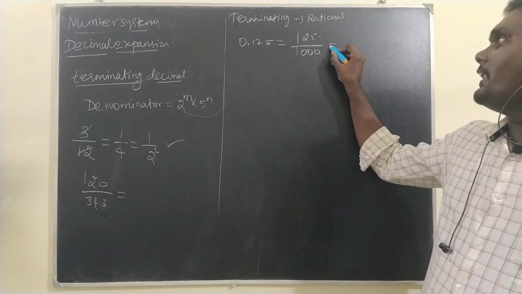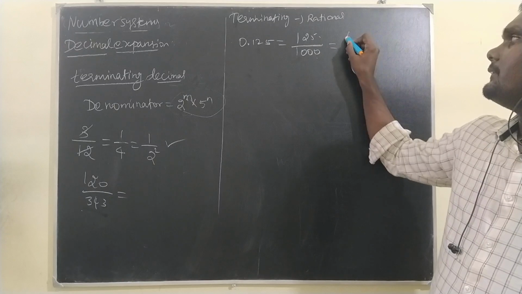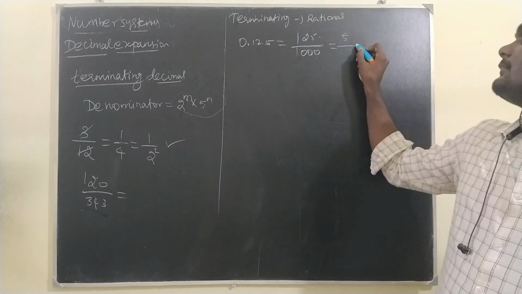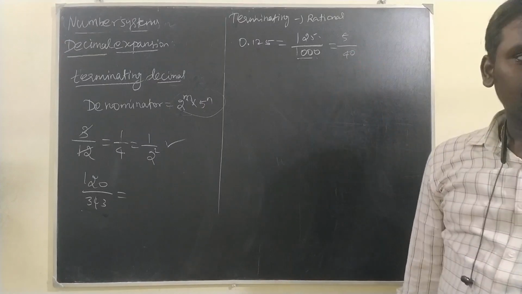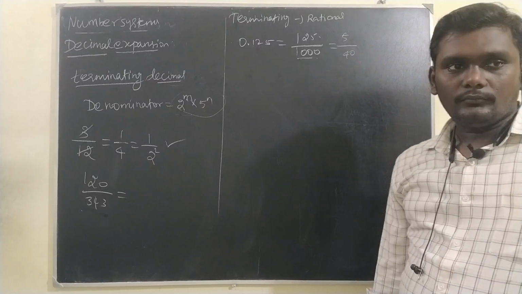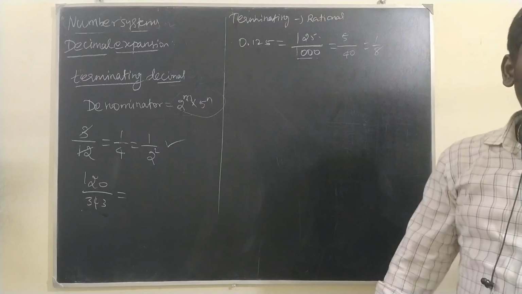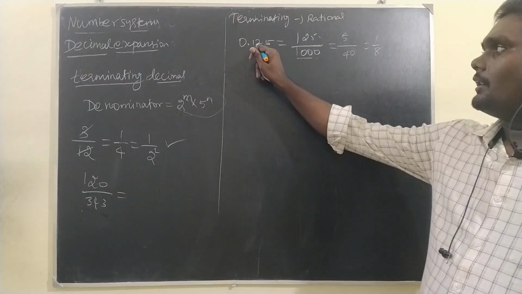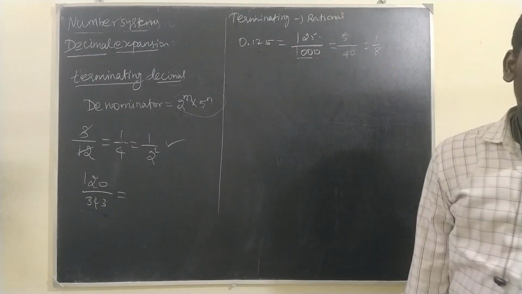I am going to divide by 25. 25 into 125 is 5, and 25 into 1000 is 40. Correct? 4 times. Then again 1 by 8. Got it? That is how we can convert a terminating decimal into a rational number.